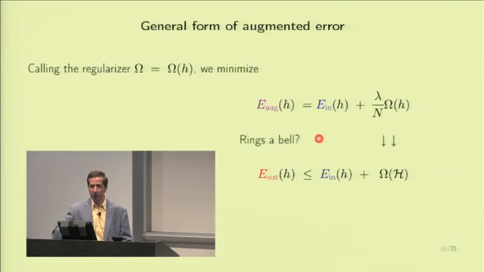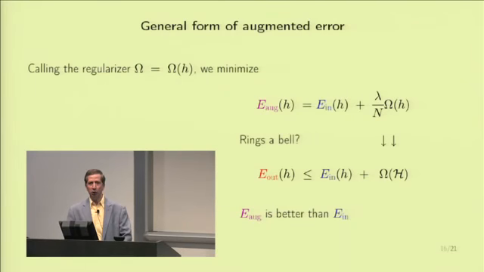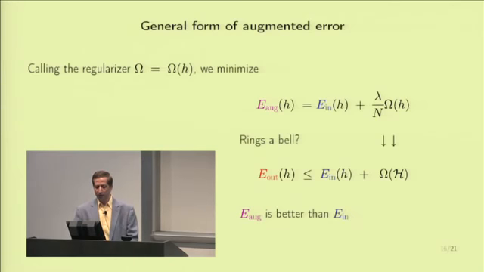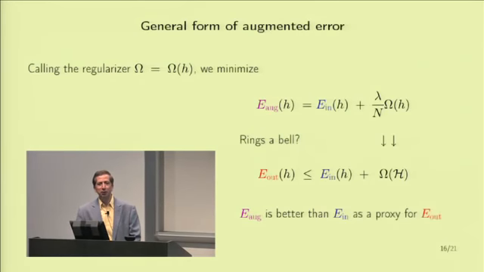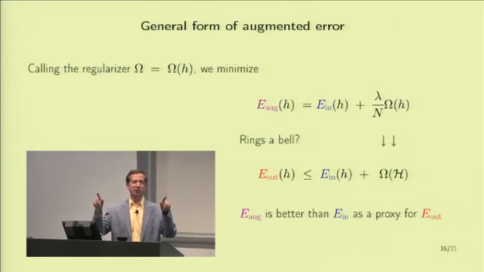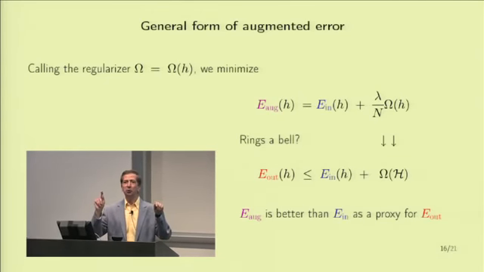But if you look at that correspondence, you realize that what I'm really doing here, instead of using E in, I'm using E aug as an estimate for E out, if I take it literally, okay? And the thing here is that E aug, the augmented error, is better than E in. Better in what? Better as a proxy to E out, okay? You can think of the holy grail of machine learning as finding an in-sample estimate of the out-of-sample error.